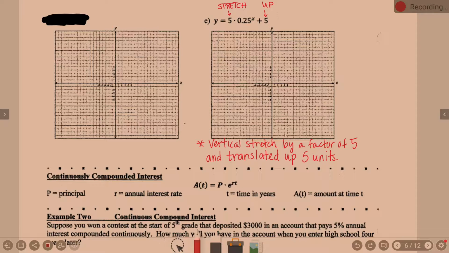So vertical stretch by a factor of 5 and translated up 5 units. That's my 11-minute warning. Got it.